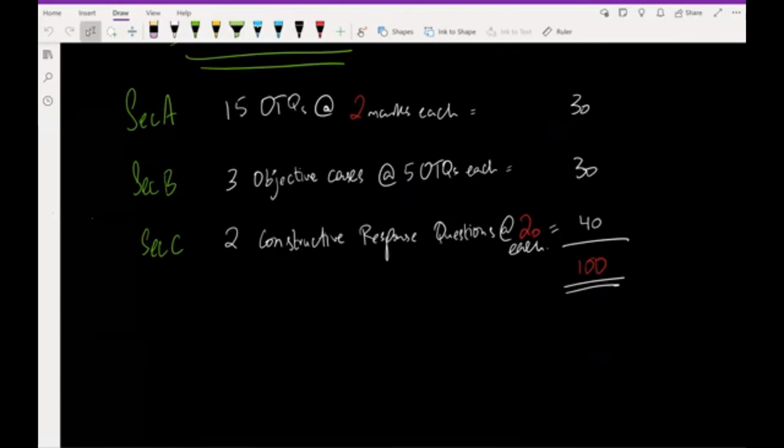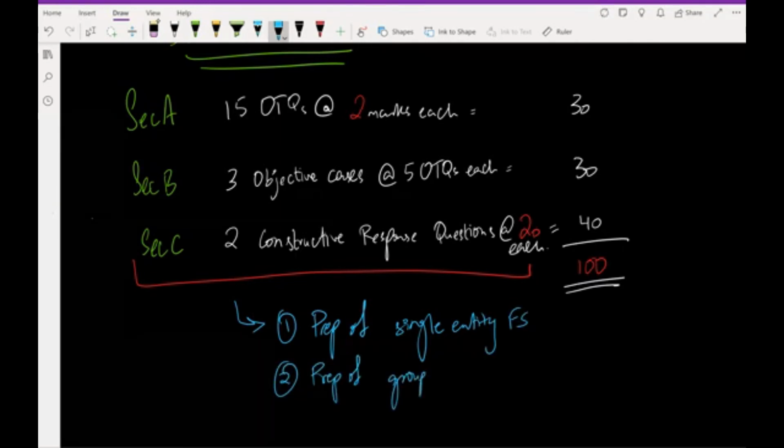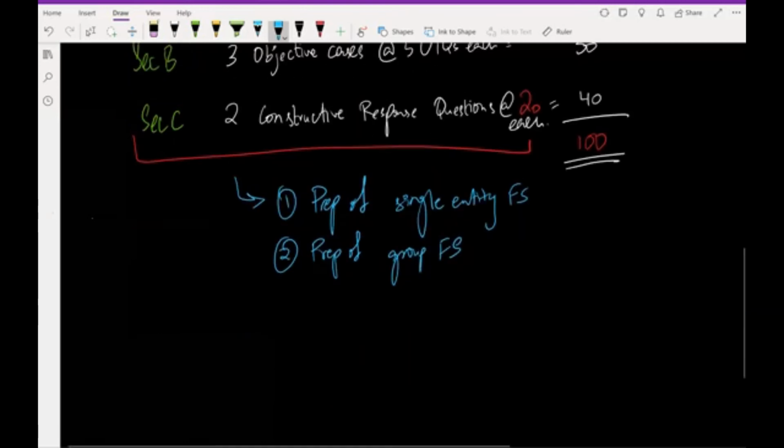The examiner tells us that section C will come from 3 topics. Number 1, preparation of single entity FS. Number 2, preparation of group FS, which is your consolidation, right?